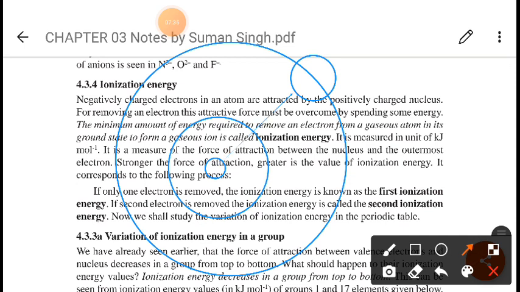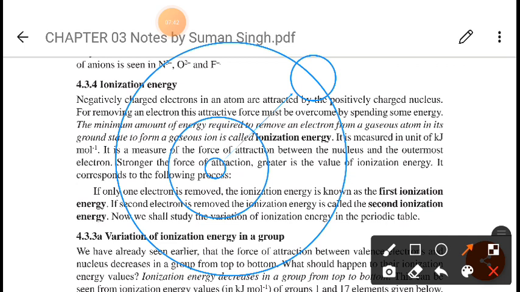In the large atom, the electron is far from the nucleus and experiences less force of attraction as compared to the smaller atom, in which the valence electrons are near to the nucleus and experience greater force of attraction.